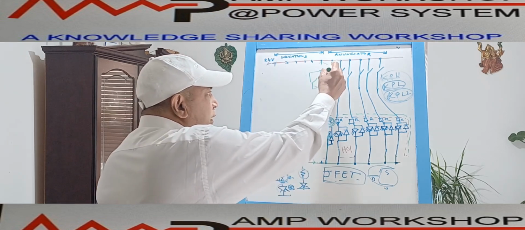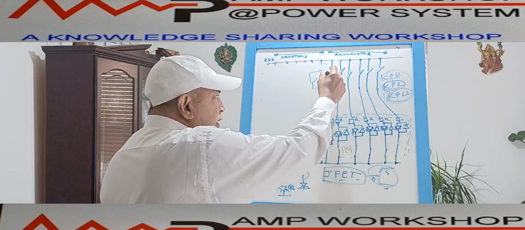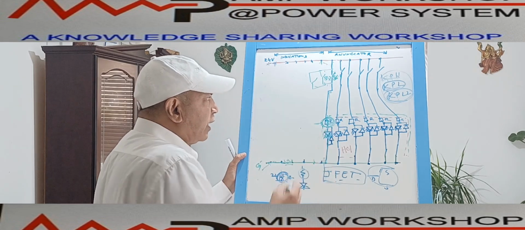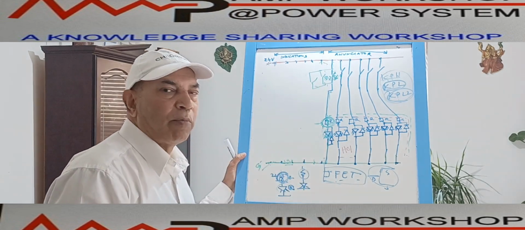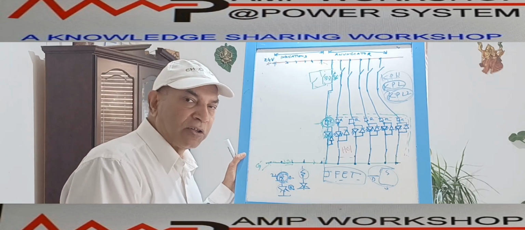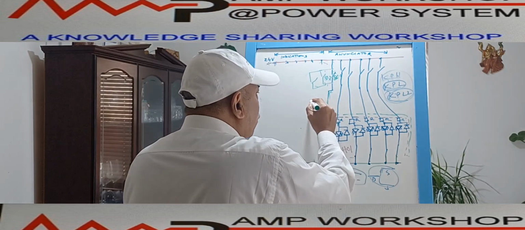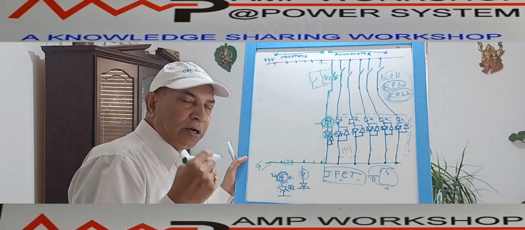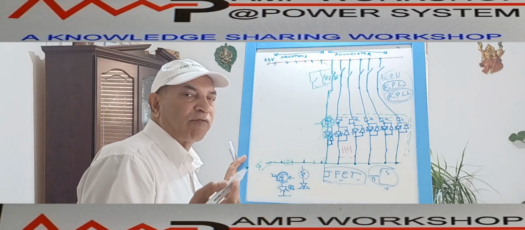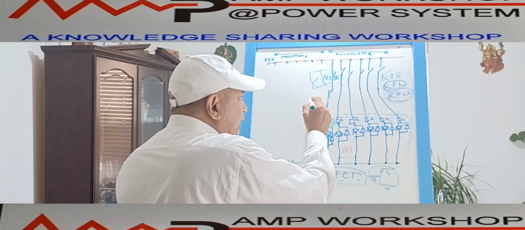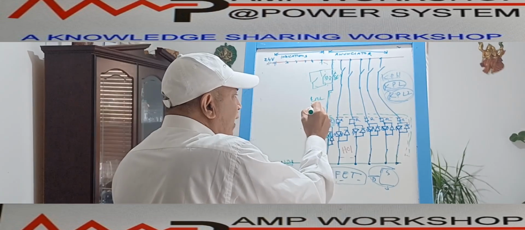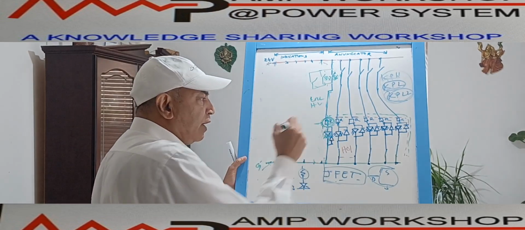The moment this contact operates, immediately it will flow. This will indicate that the protection system operated, meaning there is a fault on the electrical circuit. So this parameter indicates that the lockout relay operated or the electrical system is under fault.